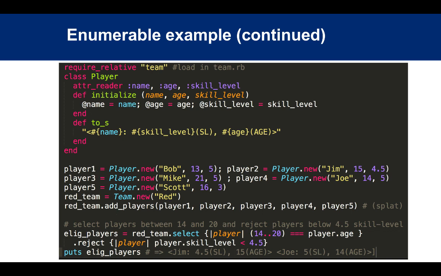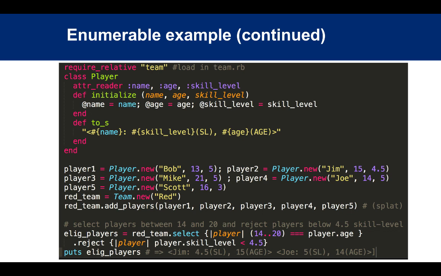Okay, so now what could you do? Let's say you want to select a bunch of players based on their age and skill level. So only select players between the ages 14 and 20, and reject players below a certain skill level. You could use these methods from the enumerable module.